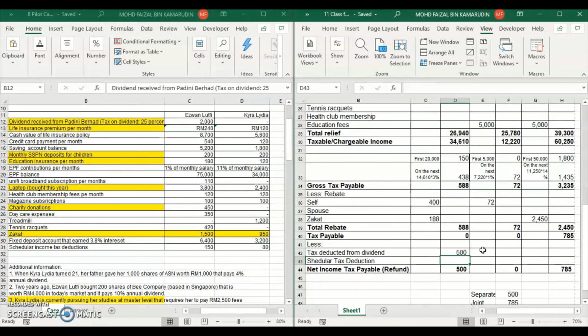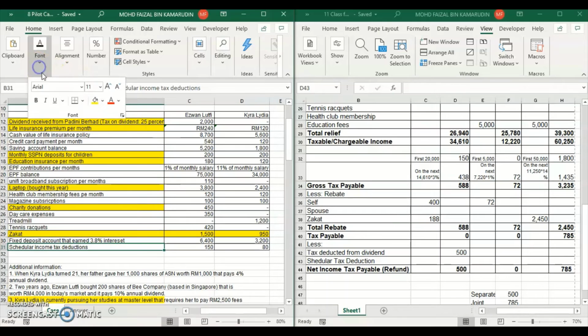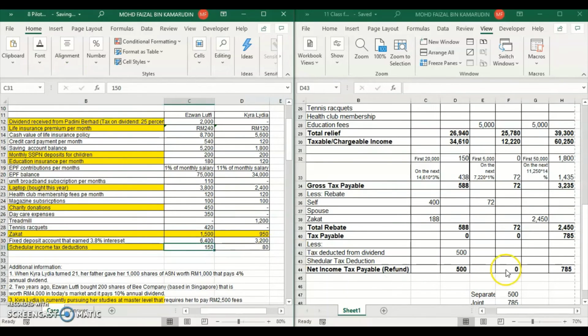And then the scheduler tax deduction, yes, this one is 150 per month, so that is why you have to do 150 times 12. So, allow me to tweak my Excel a little bit.